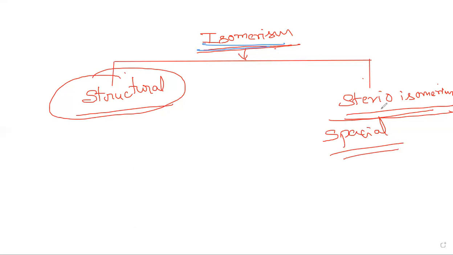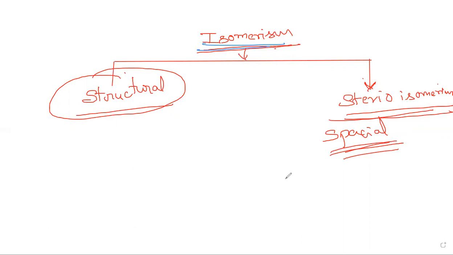So organic compounds having the same molecular formula and the same structural formula, but differing in the spatial arrangement of the group of atoms attached to the compounds, are called stereoisomers.